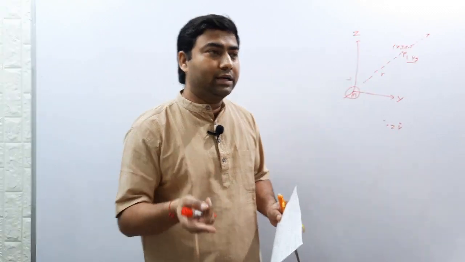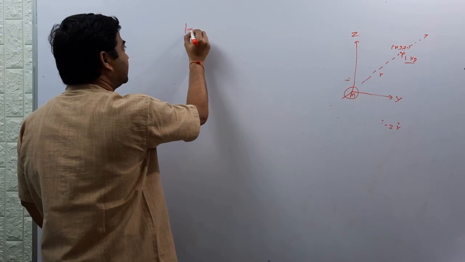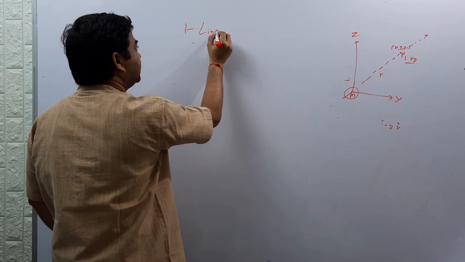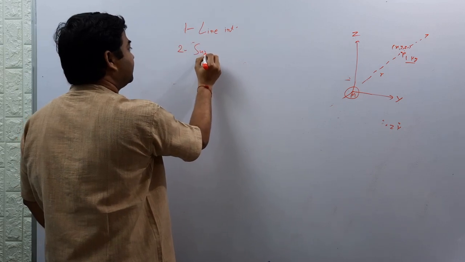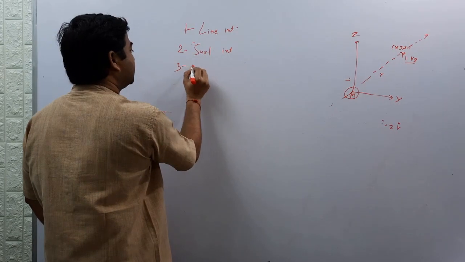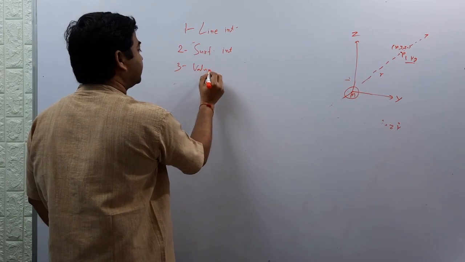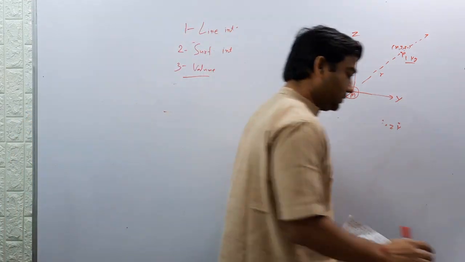Now, other terminology you will come across in vector calculus are, one is line integral, second is surface integral, and third is volume integral. You must have a brief idea about these three concepts also.